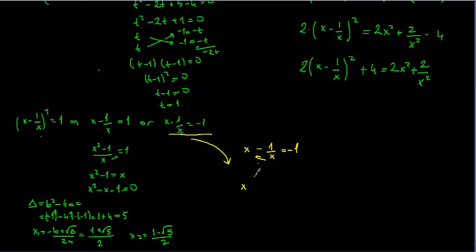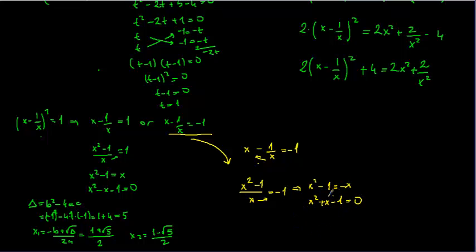I mean x times x is equal to x squared, then minus 1 all over x is equal to minus 1. Then we are going to cross multiply and send to the other side. It becomes x squared minus 1 is equal to minus x. Then the last part is x squared plus x minus 1 is equal to 0.